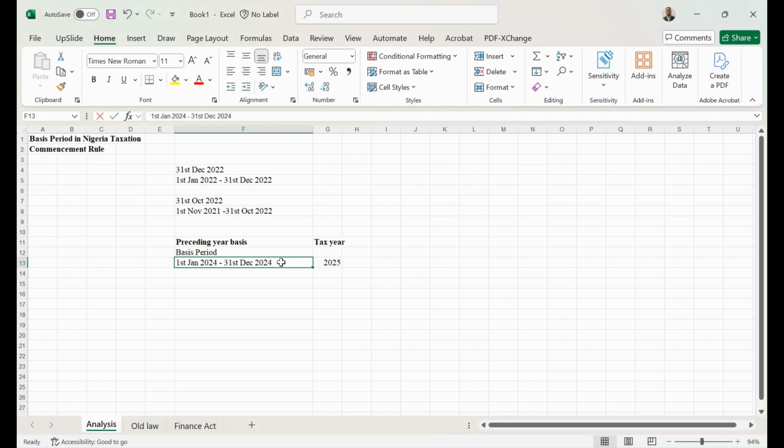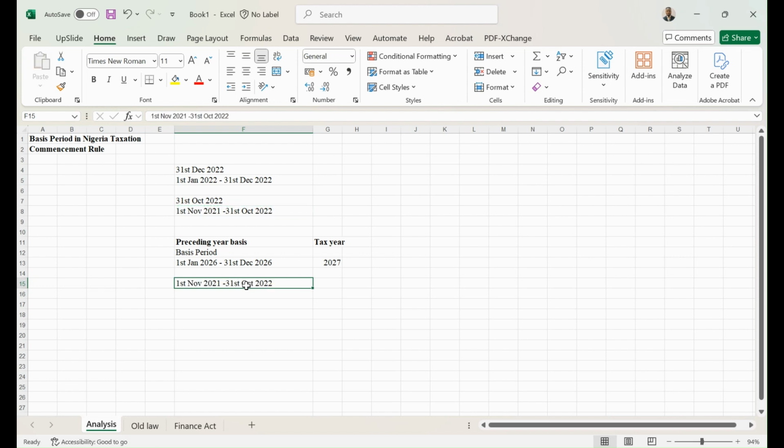So again, if I change this to 2026, so this ends in 2026. The tax year is going to be 2027. For the purpose of exam, it doesn't even matter. Let's take this basis period downwards here.